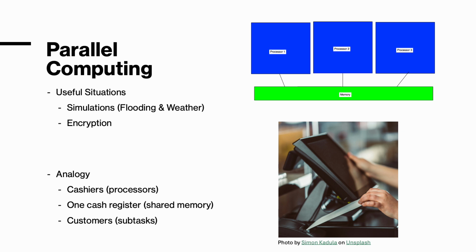So for parallel computing, useful examples are processing simulations, such as weather patterns.